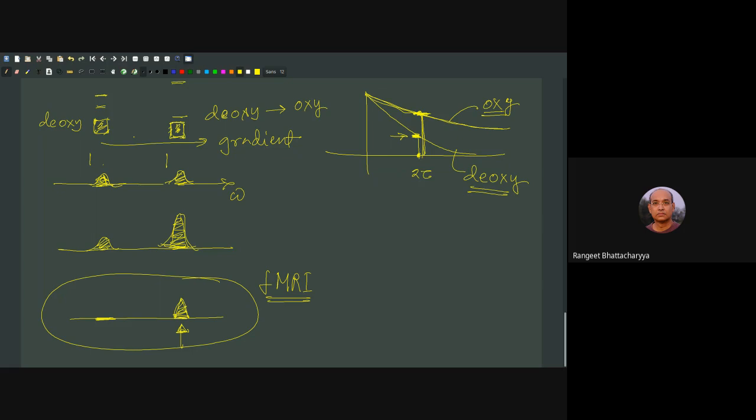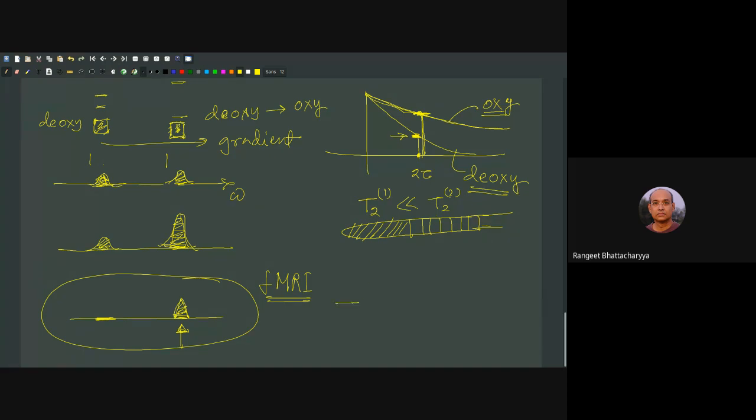Some of our publications do have images where we have a tube, or we fill part of the tube with one substance and other part of the tube with another substance, and they do have a different T2. Maybe this one has smaller T2 and this one has larger T2.